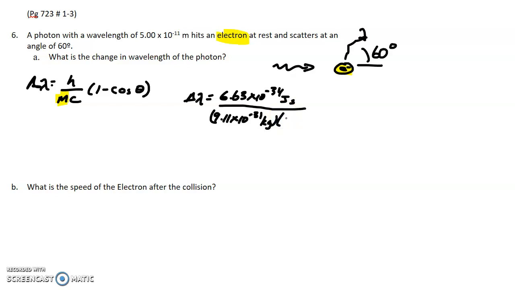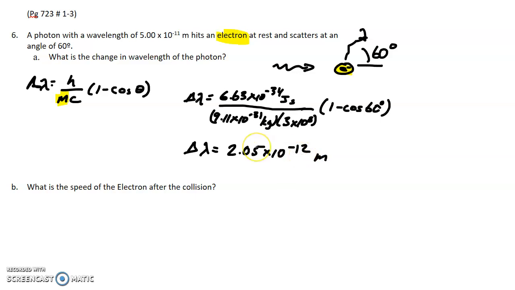Then 3 times 10 to the 8, which is the speed of your photon, times (1 minus cos 60 degrees). As you type all this in, you're going to find that the change in the wavelength will be approximately 2.05 times 10 to the negative 12 meters. And that is what the question is asking for, the change in the wavelength.